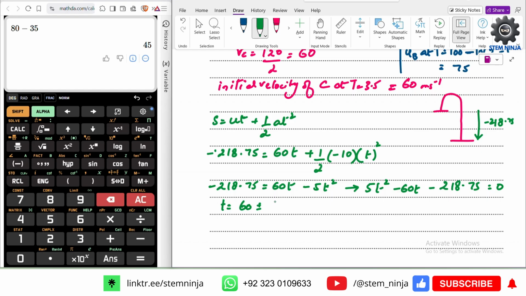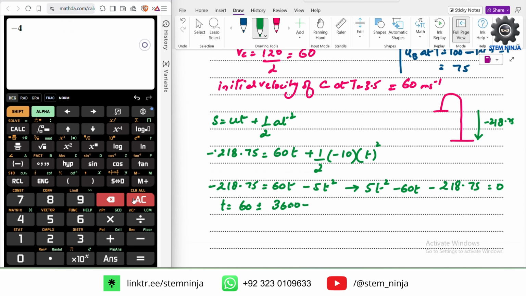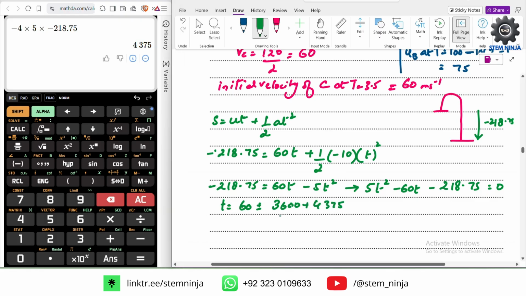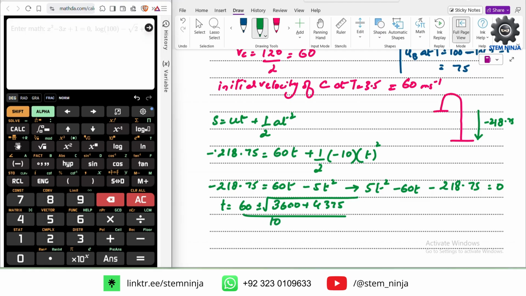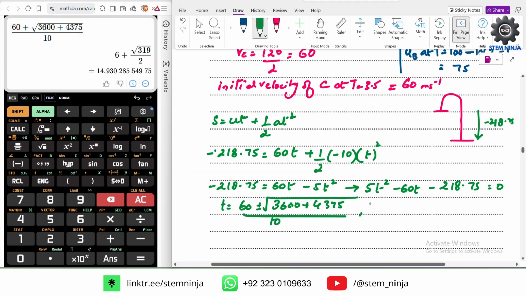60 plus or minus the square root of 60 squared, 3600, minus 4ac. So minus 4 times 5 times minus 218.75, that is 4375, divided by 2a, 10. So we have 60 plus square root of 3600 plus 4375, divided by 10. One answer is 14.93.